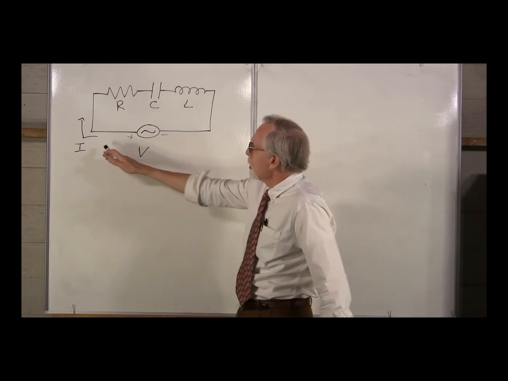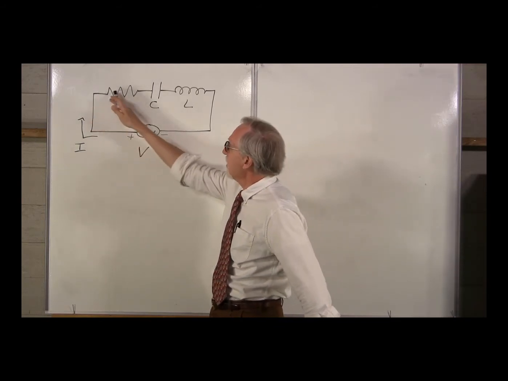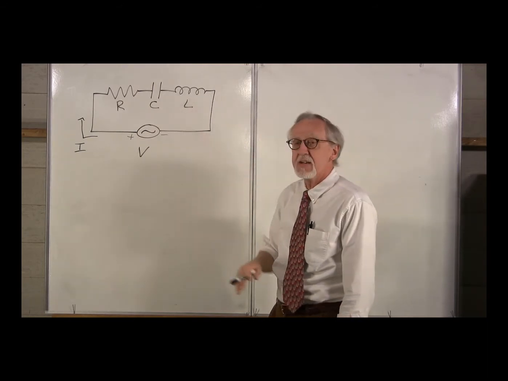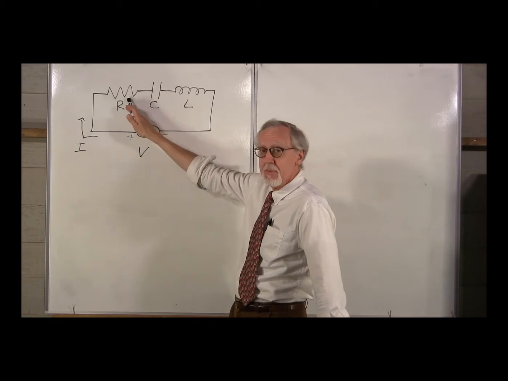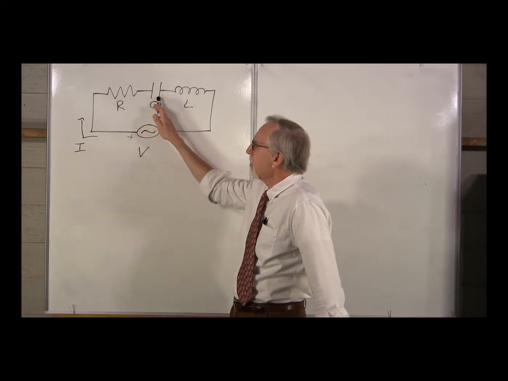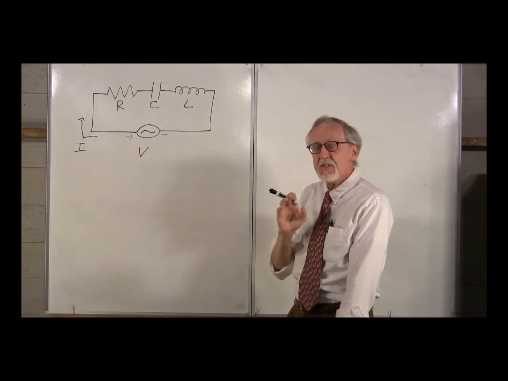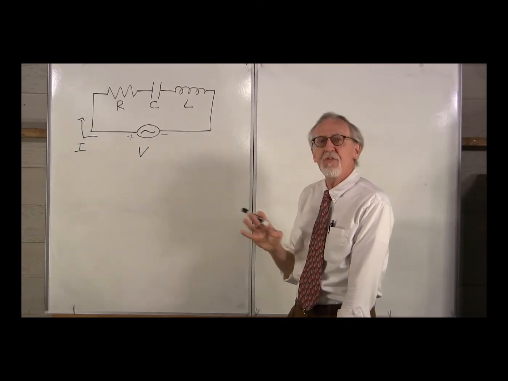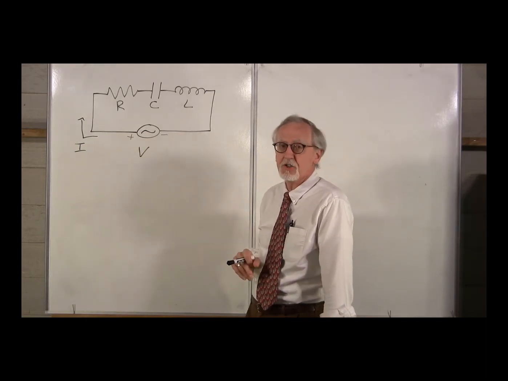In this case, we've got a current, I, but that current is going to be the same current through the entire circuit. Whatever current we have is going to be the same current in the resistor, the same current across the capacitor, the same current through the inductor. We can't have different phases for the current. We can only have one current through the entire circuit.